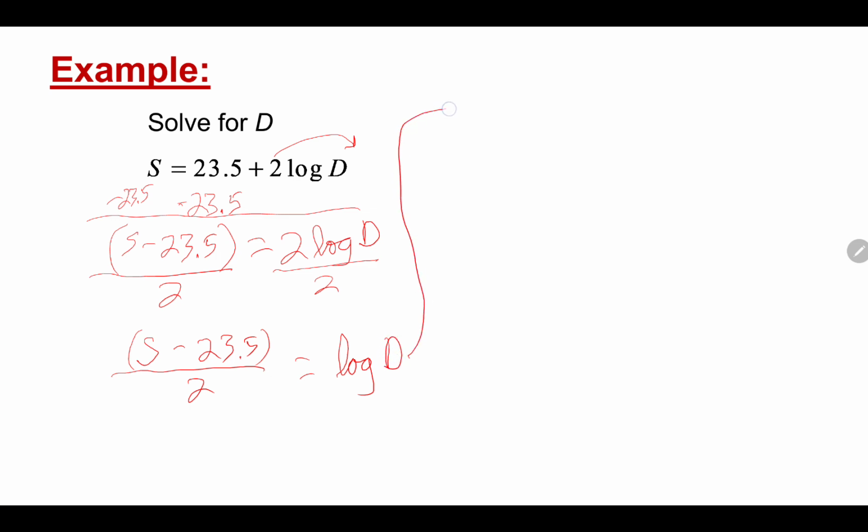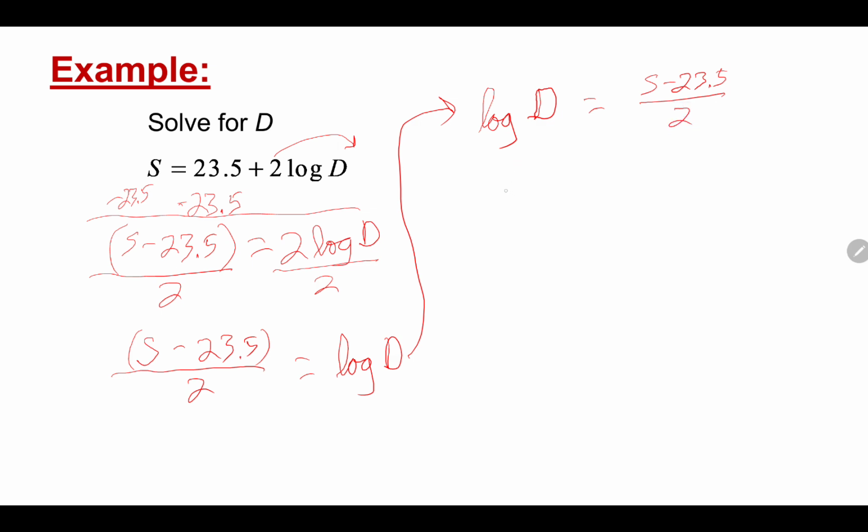And let me reorganize it up here. I'm going to write the log first because that's the way I've been doing the crossing. And D is equal to all of this, S minus 23.5 divided by 2.